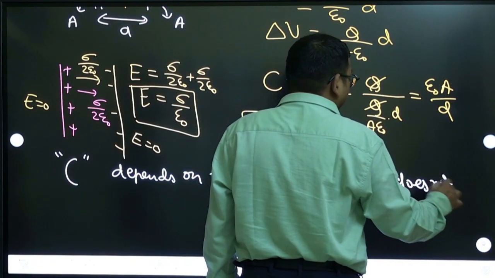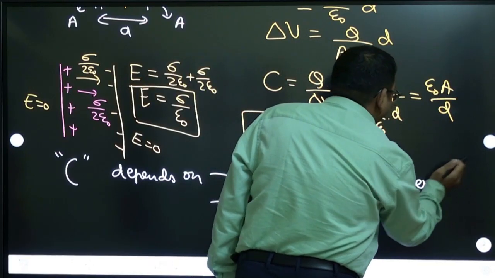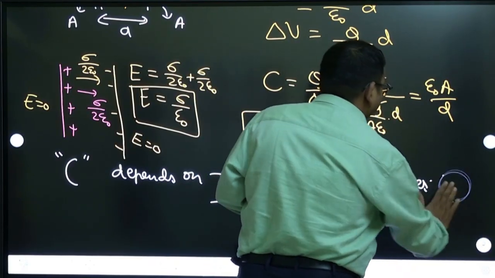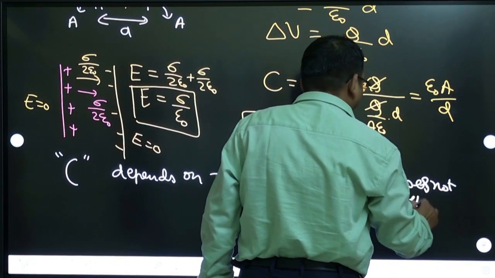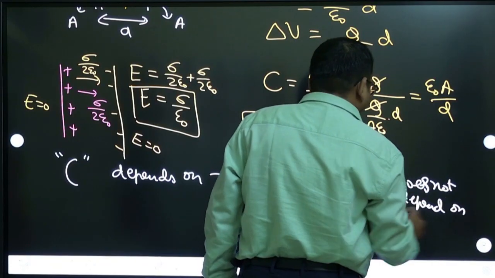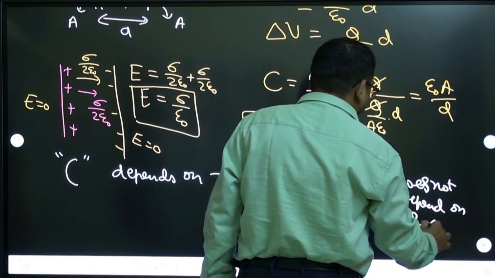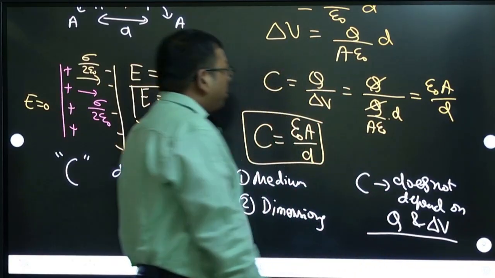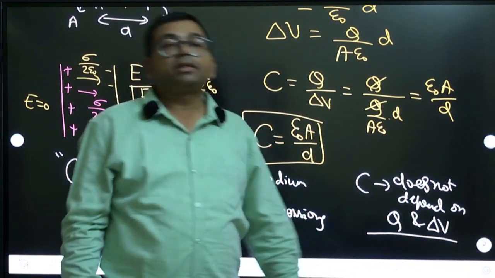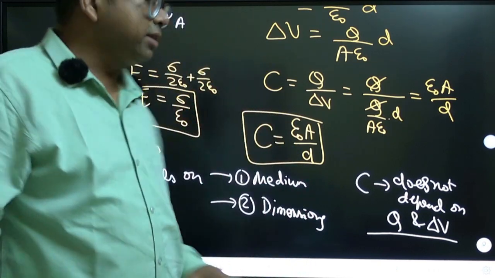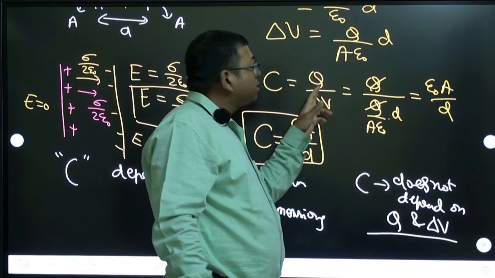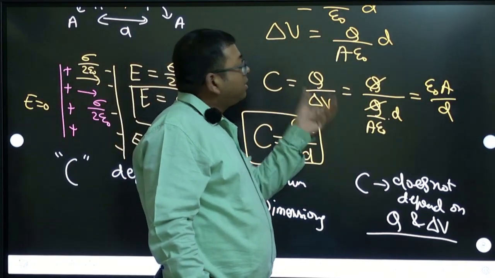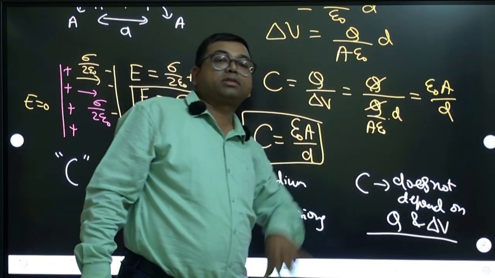C does not depend on charge and potential difference. But then C is the ratio of charge and potential difference. Yes, that is correct. C is the ratio of charge and potential difference, but it does not depend on them, because if you increase Q, delta V will increase, and the ratio will remain constant. Clear?